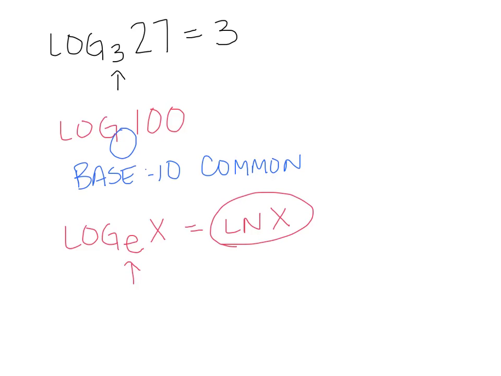When you see this, it's referring to the natural base. So this is the natural log. The base would be e. That will come into play occasionally, but when you see a natural log, you treat it just like any other log. It's just the base is e instead of 2 or 3 or 10.